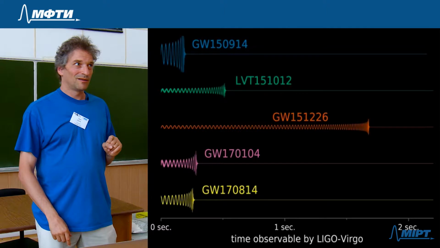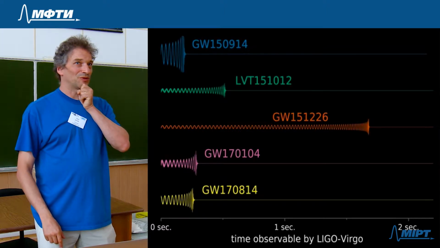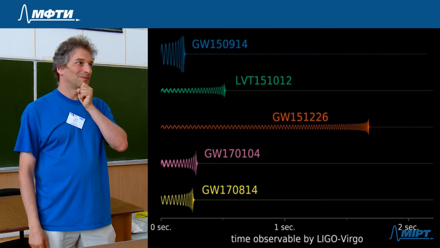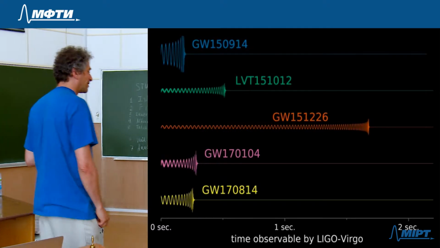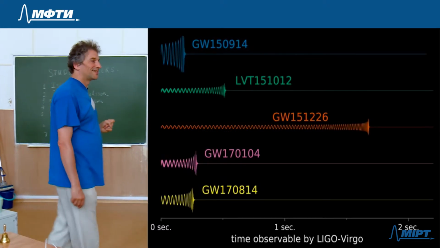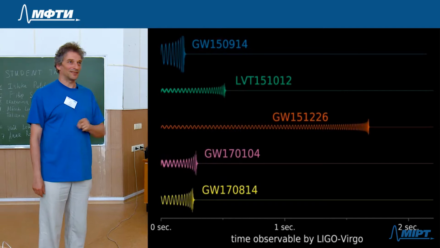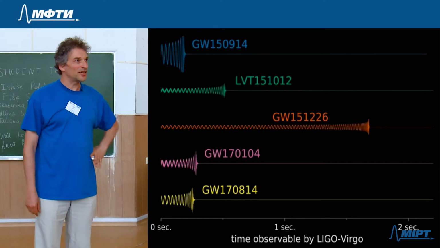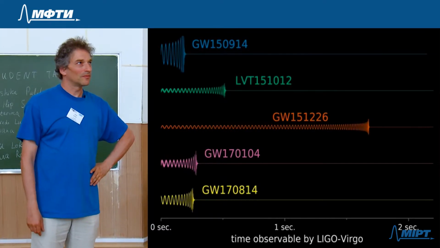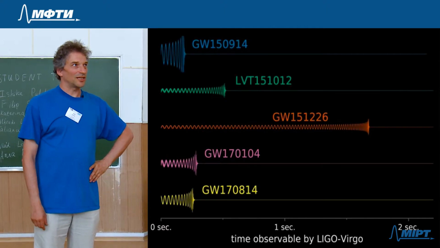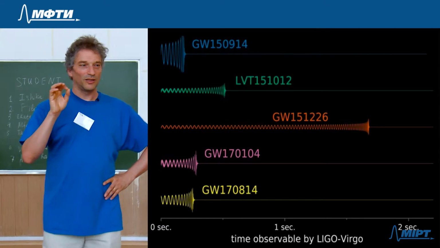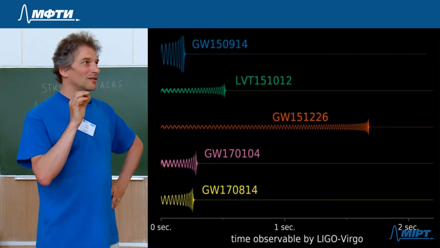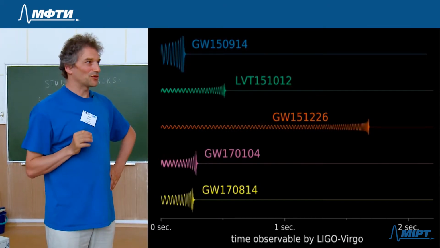Why do you think not everything was published? What ideas do you have? Say again? It takes time to process the data. Yes, I think you're on the right track. But somebody has some more precise idea? Because as the second run was finishing, LIGO detected a merger of two neutron stars that Francois was talking about.